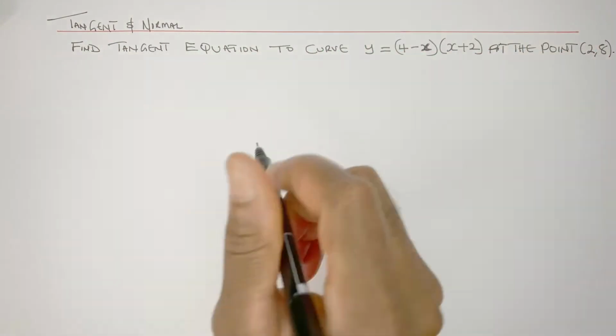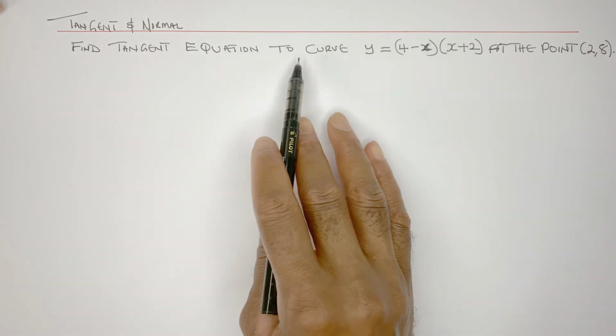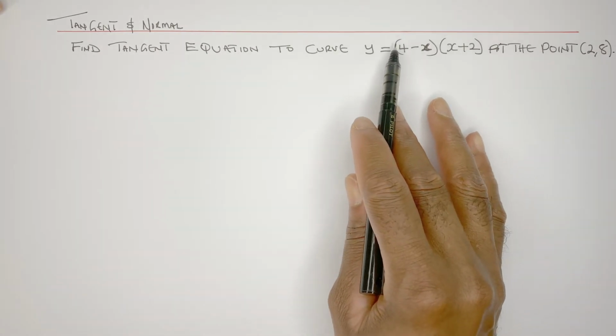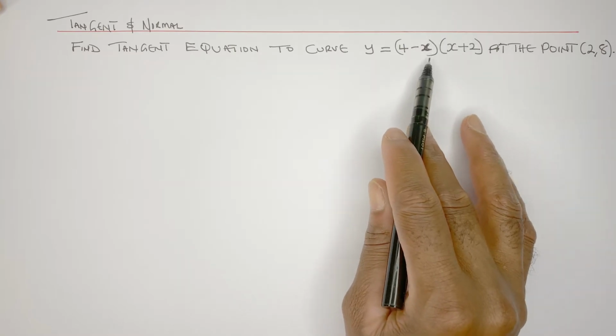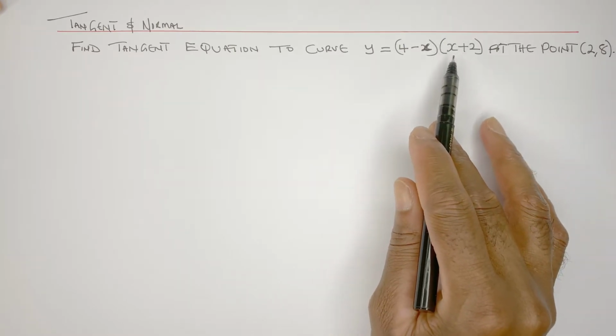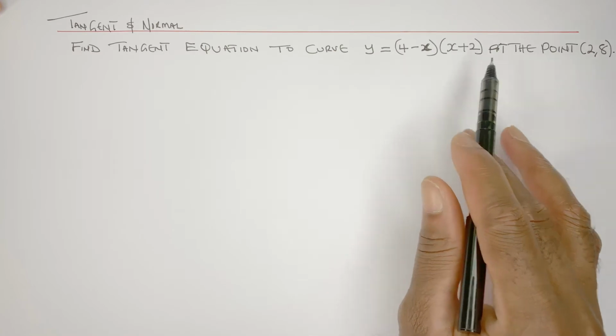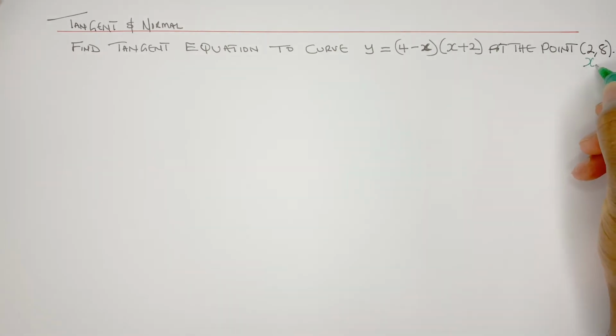Tangent and normal. Find the tangent equation to the curve y equals (4 minus x)(x plus 2) at the point x1, y1.